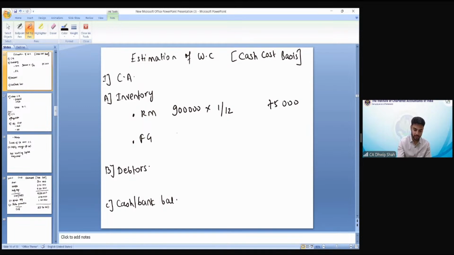FG is always based on COGS. 2580. Again, FG holding period is 1 month. So 2580 into 1 by 12. 215.